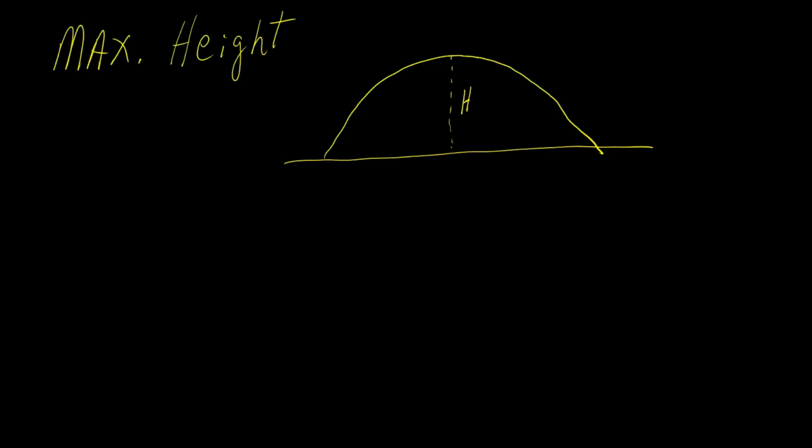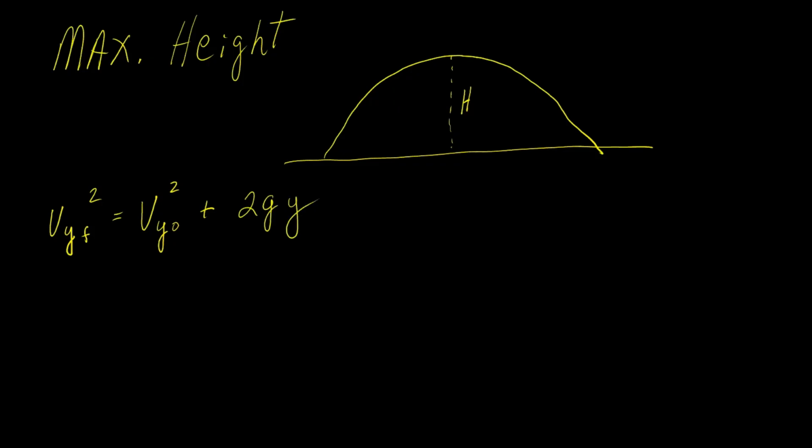To calculate the maximum height, we're going to use the formula that says that the final velocity along the y-axis squared equals the initial velocity along the y-axis squared plus 2gy.